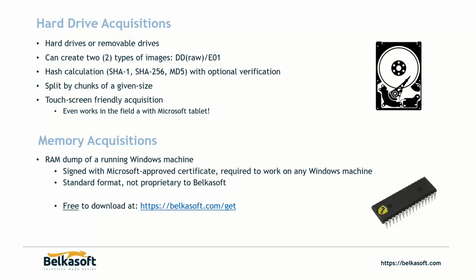You also are given the ability to split the image that you've just acquired into chunks of a given size of your choosing, depending on how it's going to be transferred, where it's going to be stored, etc. And also, if you have a Microsoft tablet, this will work on that in the field.